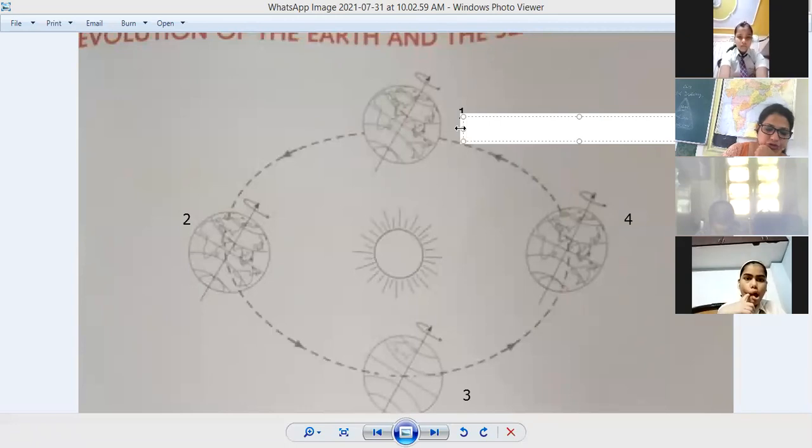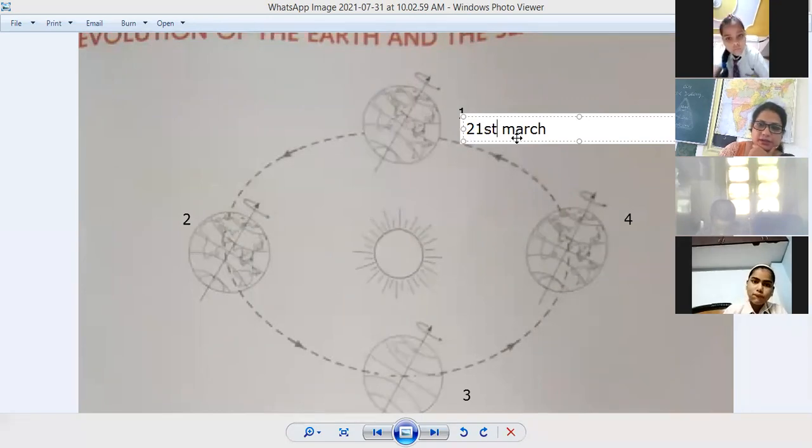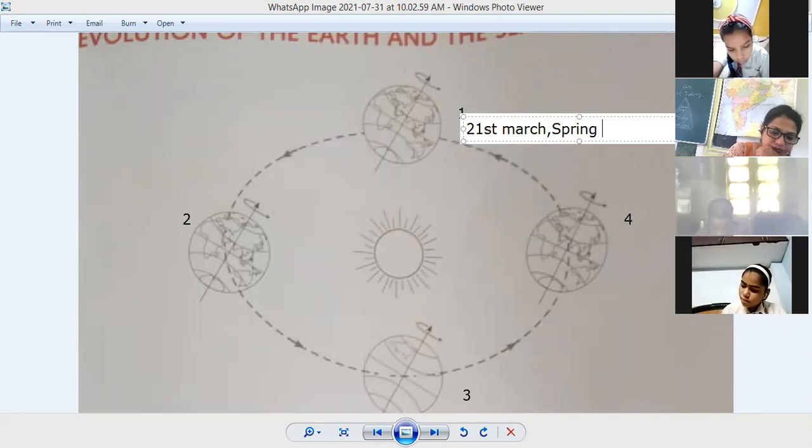So at this position, you write down the date 21st March. Everyone, 21st March. And put a comma and then write spring equinox.